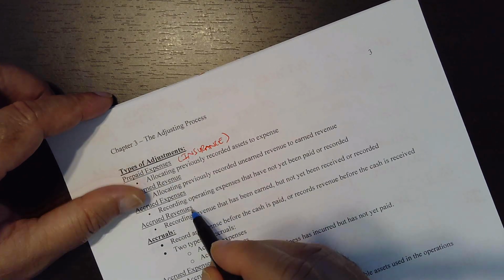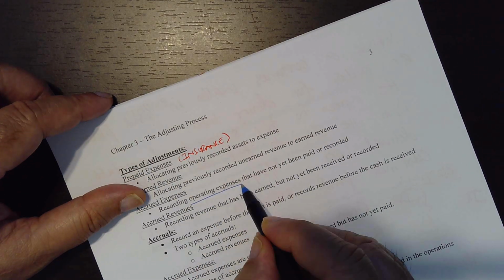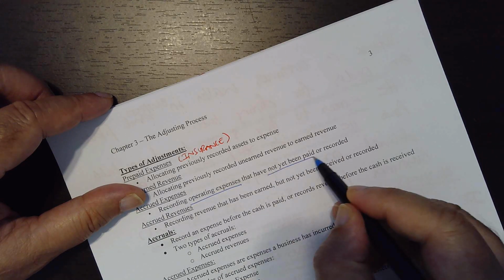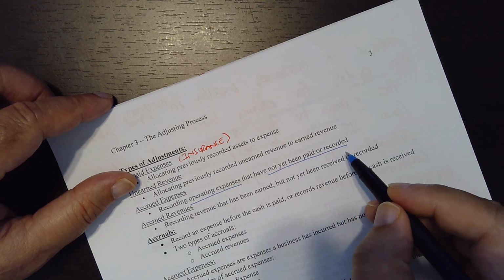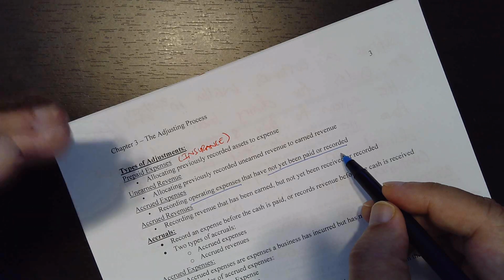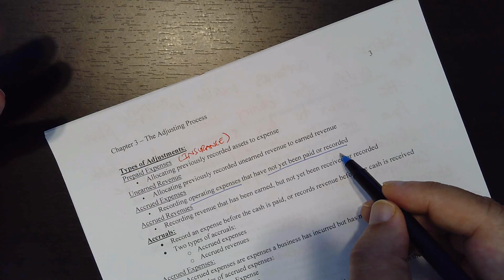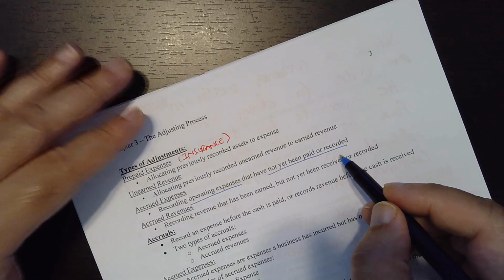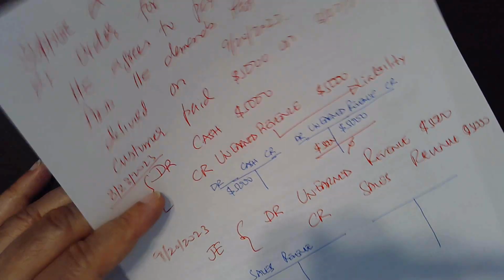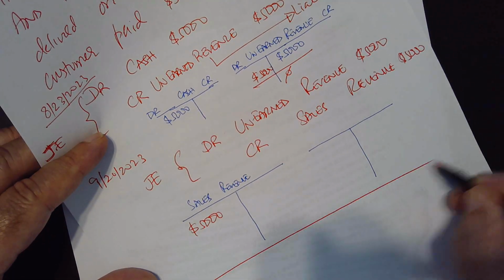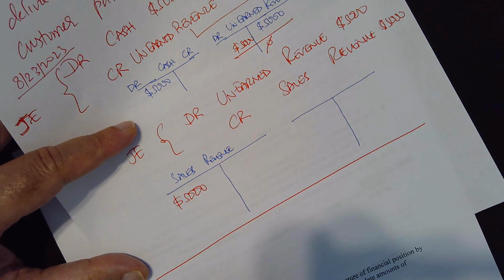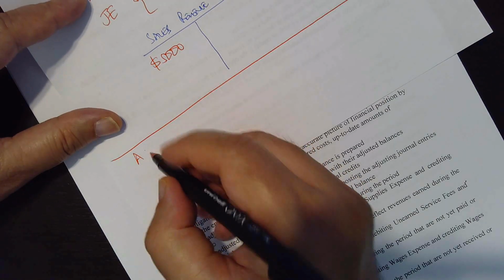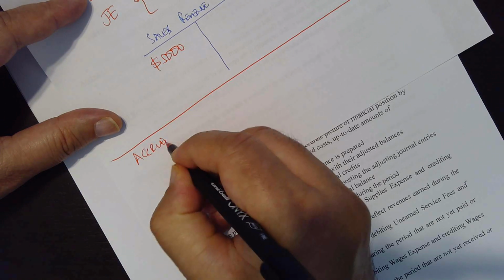Accrued expenses, recording operating expenses that have not yet been paid or recorded. So accrued expenses are the expenses that you have already used, but you have not recorded or paid yet. So what are the examples of accrued expenses? Let me use this over here. Accrued expenses.